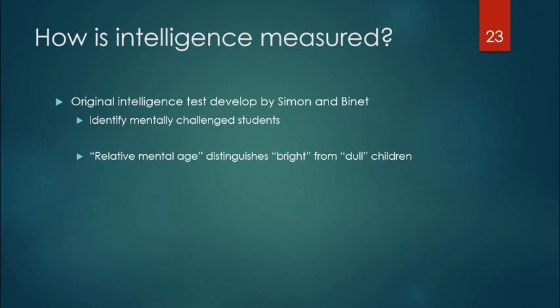So the original intelligence test was developed by Simon and Binet, and Stanford was the institution they developed it at. So for a while, it was called the Stanford-Binet test.